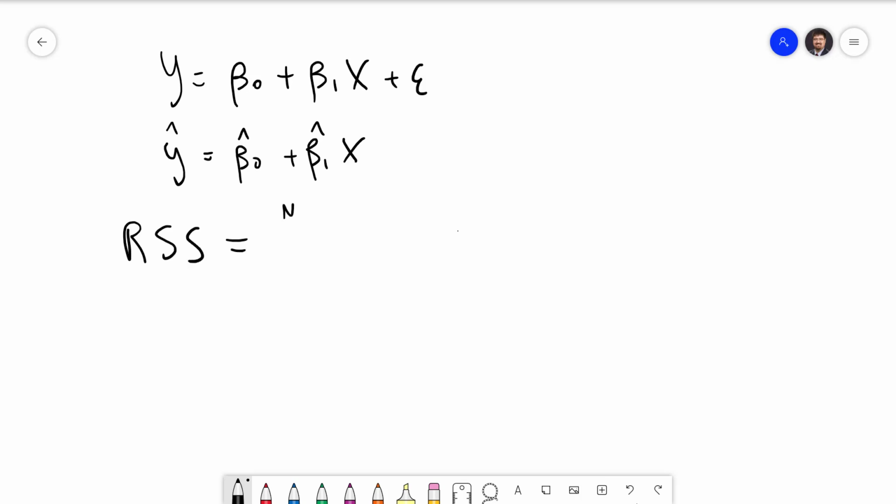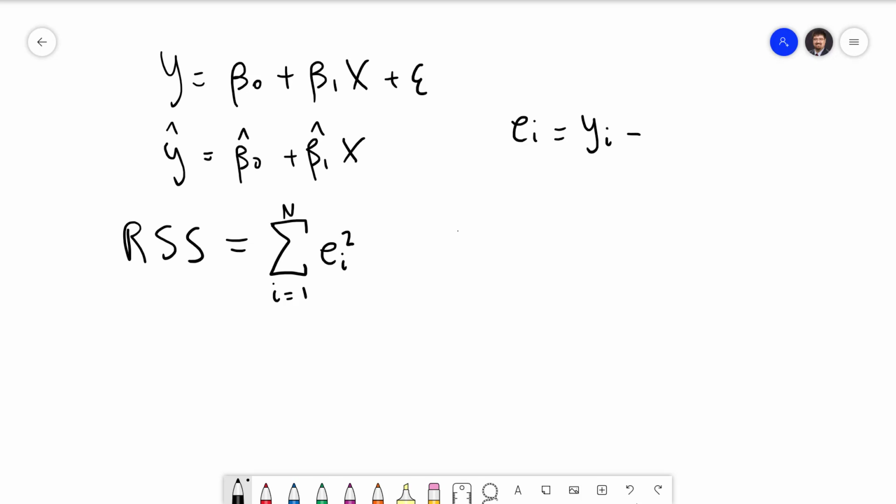RSS is the sum, and we use this big sigma sign here to indicate sum, across the entire sample. So we start at i equals 1, and then go to 2, 3, 4, all the way up to n, and add them all up, of e_i squared. That is the residual squared. In the previous video, we defined e_i as the actual value of y for observation i minus the predicted y hat.